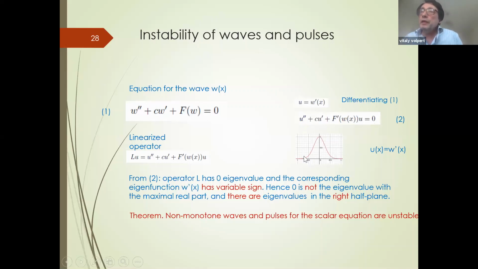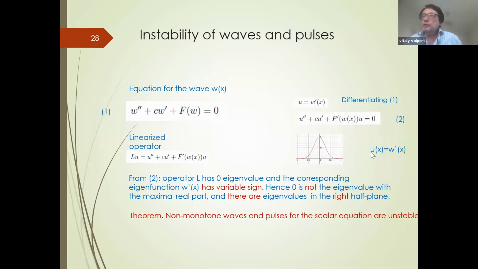Now, since we consider these pulse solutions, this pulse is not a monotone function, so W prime changes sign. So the eigenfunction U(x) is not positive. We conclude that the 0 eigenvalue is not the eigenvalue with the maximal real part, because the eigenvalue with the maximal real part has a positive eigenfunction.